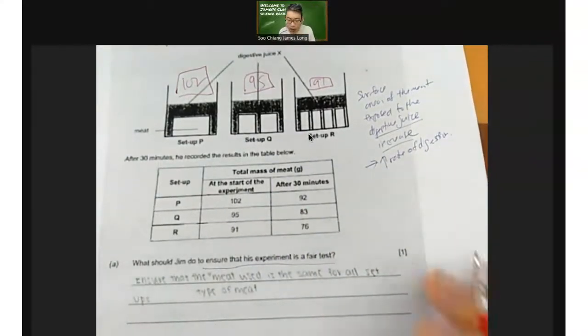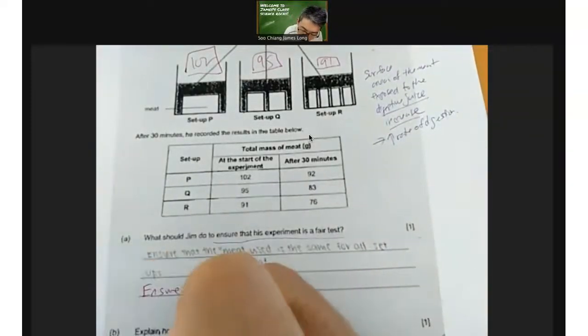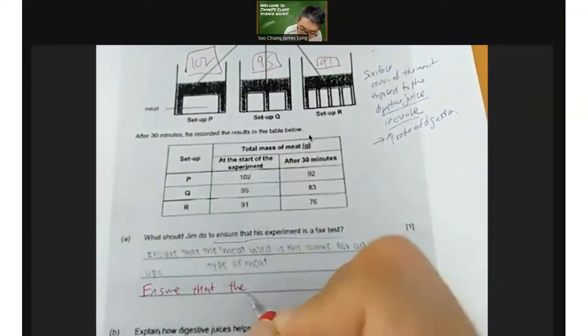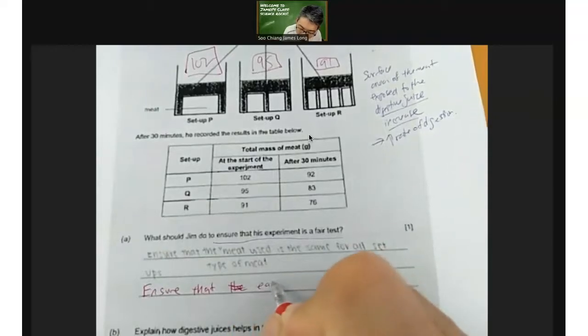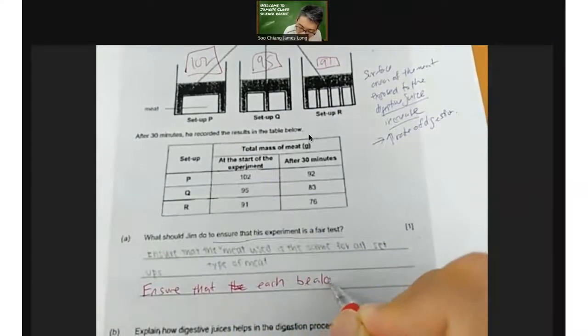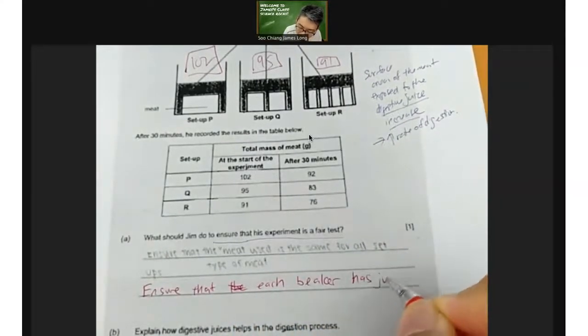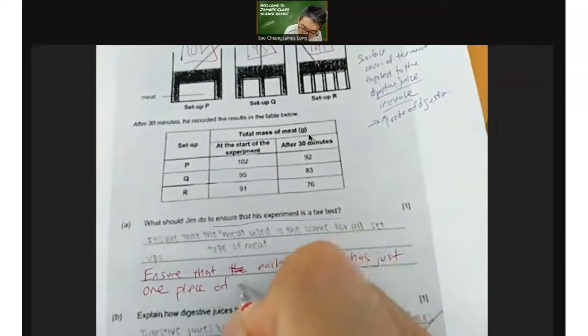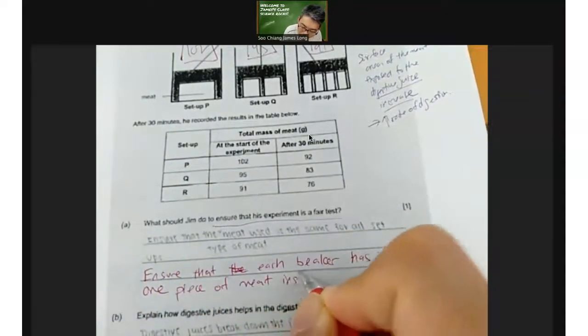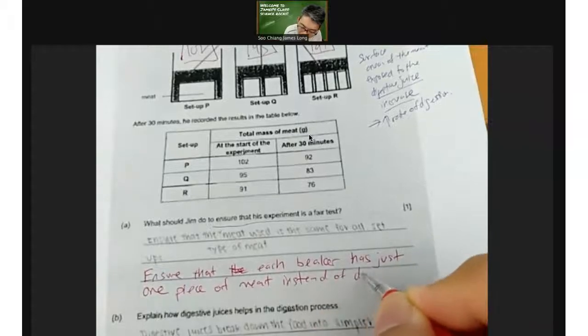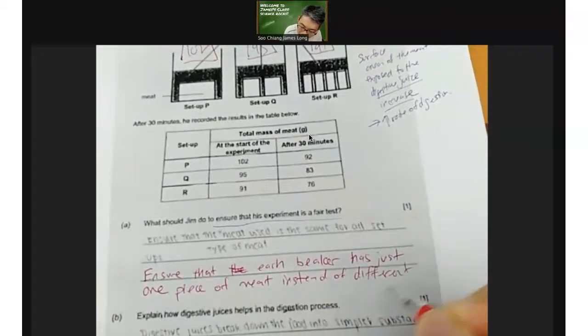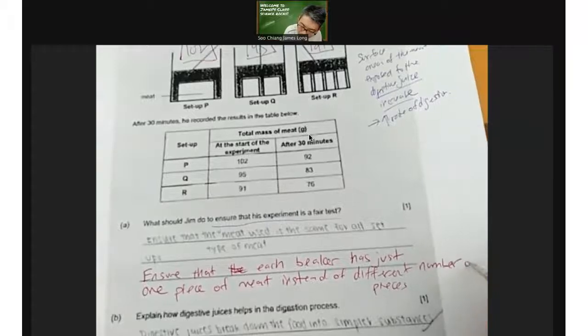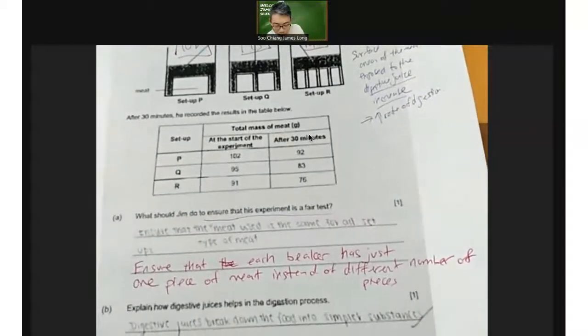So here I would say that he should ensure that each beaker has just one piece of meat instead of different number of pieces. So that's how I will answer this.